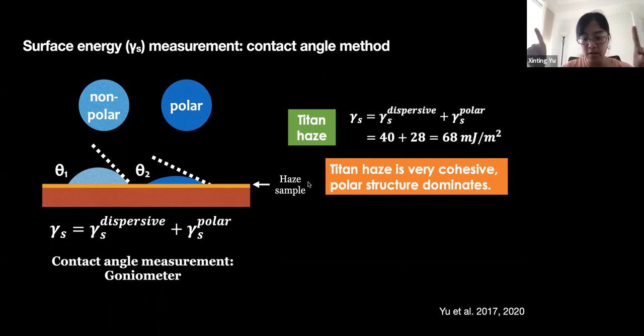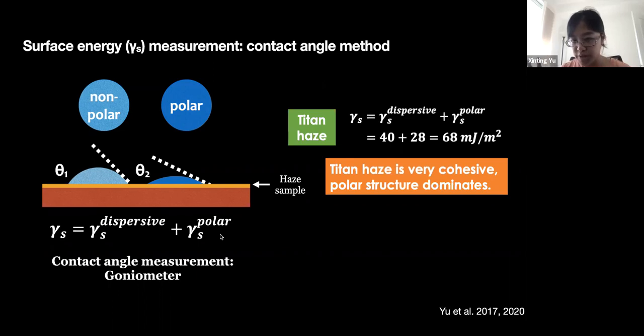You don't need much material; a couple molecular layers is enough. You just drop different types of liquid, a nonpolar one and a polar one, and you measure the contact angle formed between the liquid and this haze sample we produce in the lab. The nonpolar liquid and the polar liquid respectively detect the nonpolar, dispersive part and the polar part of this material.